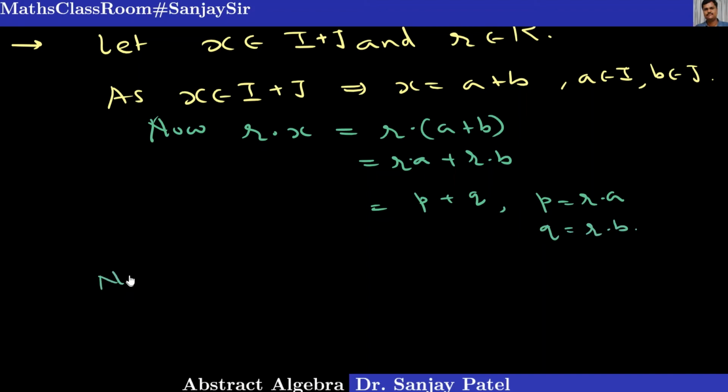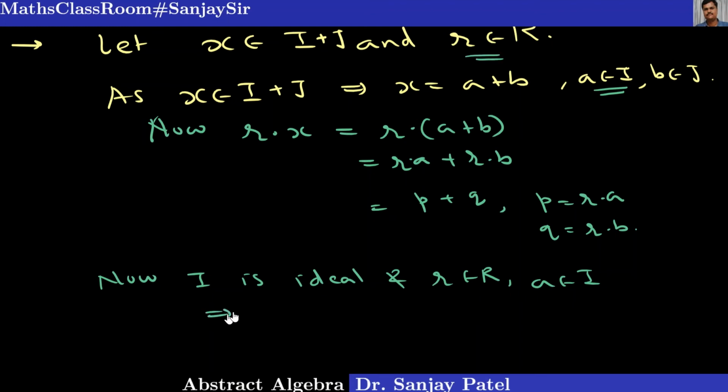So now, I is an ideal, and r belongs to R and a belongs to I. Yes, we have taken a belongs to I and r belongs to R. So I can say that r into a belongs to I, and that is, p belongs to I, because I have taken p equal to r into a.